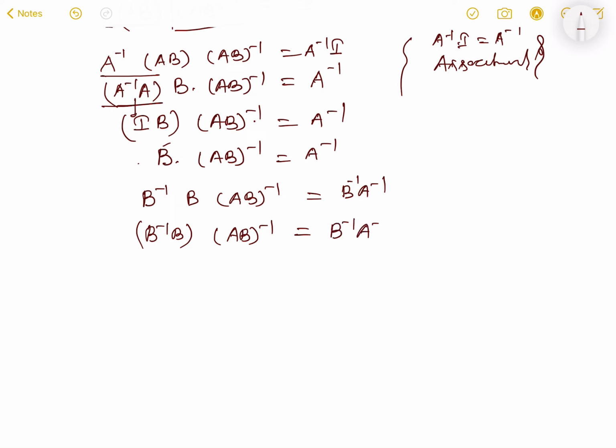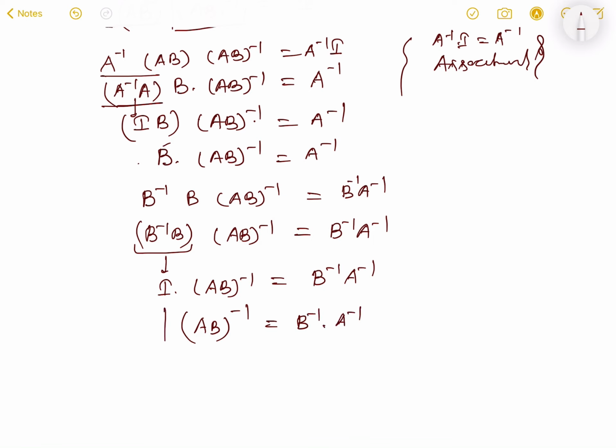As we know that B inverse B is equal to I into AB का inverse equal to B inverse A inverse. This is the matrix multiplied by identity matrix. So here it can be written as AB inverse. So AB inverse equal to B inverse A inverse.